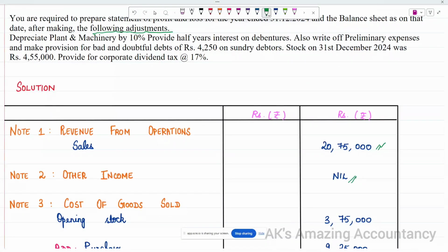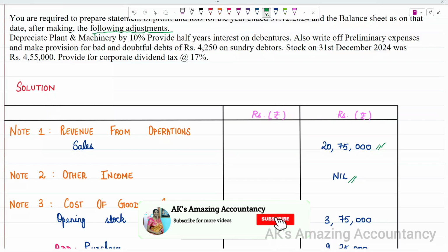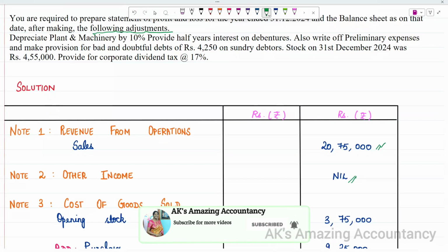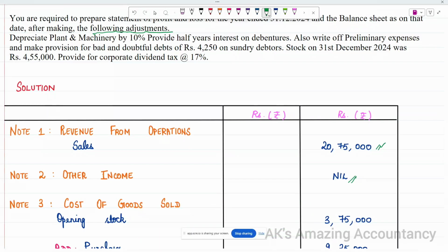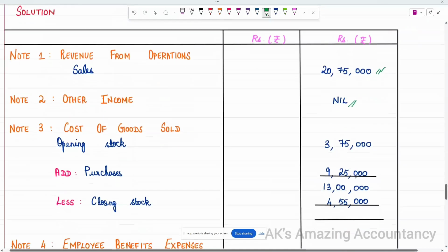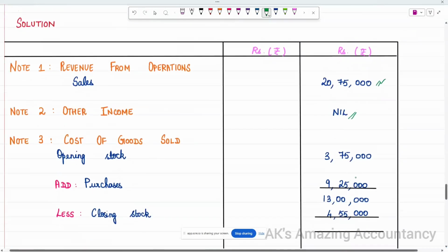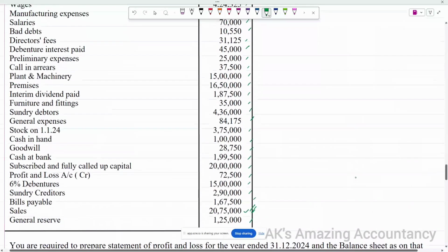Okay. Now let us proceed with note 3, cost of goods sold. I hope you all will know how to find out the cost of goods sold. Actually, cost of goods sold is equal to opening stock, add purchases, less closing stock. Okay. So let us see how much is given as opening stock in the problem. The stock that is available to you in the main information is the opening stock.